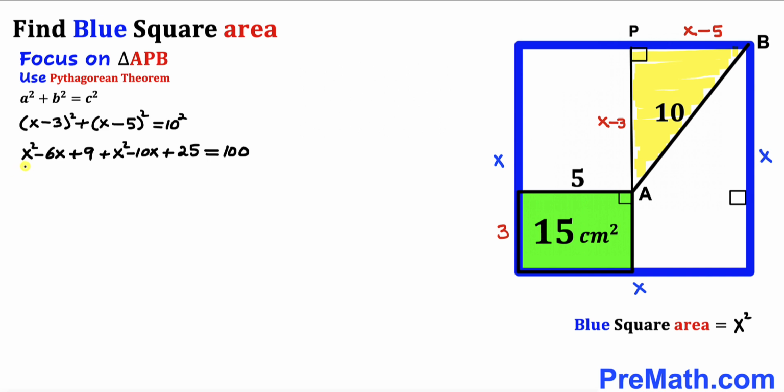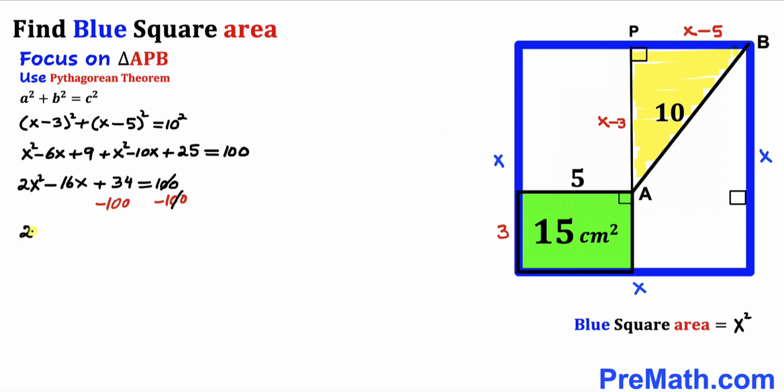Now we are going to combine the like terms on the left hand side. So we are going to get 2x square minus 16x plus 34 equals 100. Now we are going to subtract 100 from both sides. So this 100 and negative 100 are gone.